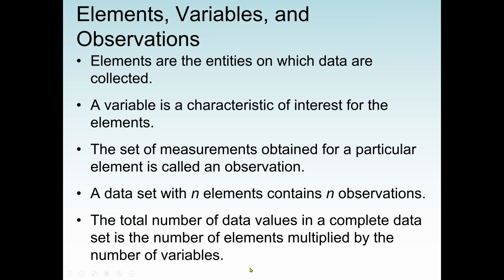Each customer may have 10 variables: last name, first name, address, up to 10 variables. So the total number of data values in a complete data set is how many customers we have multiplied by the number of variables each customer has.